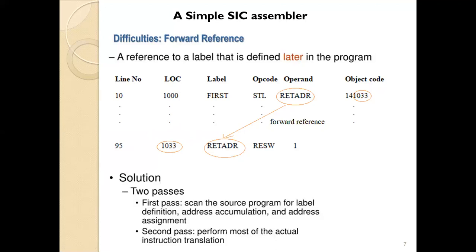Because we'll know the machine language equivalent of these mnemonic opcodes as well as the machine addresses for all these labels, the assembler can completely generate the object code for each instruction. Any doubts here?